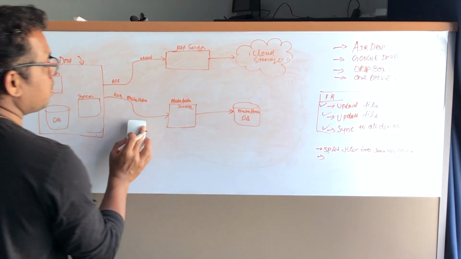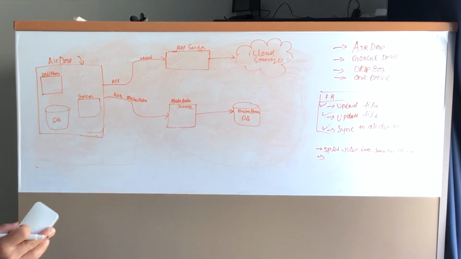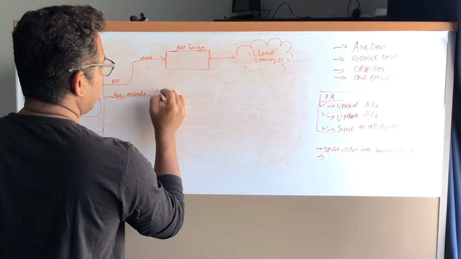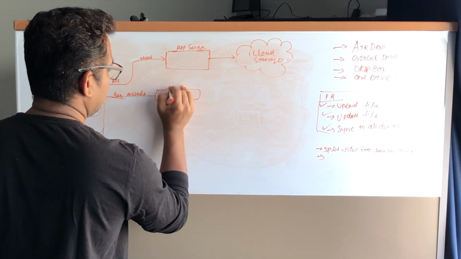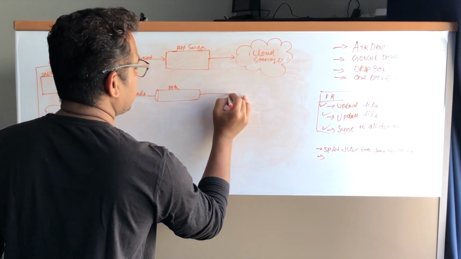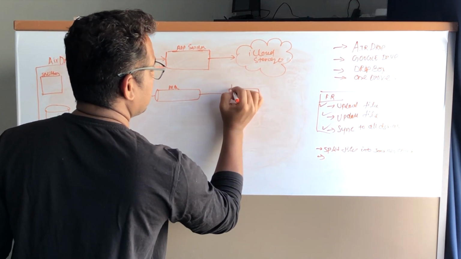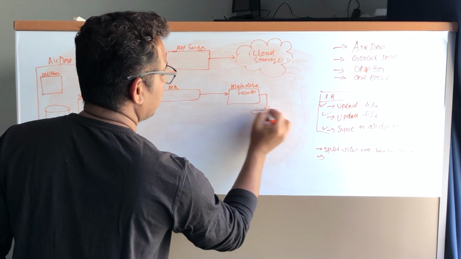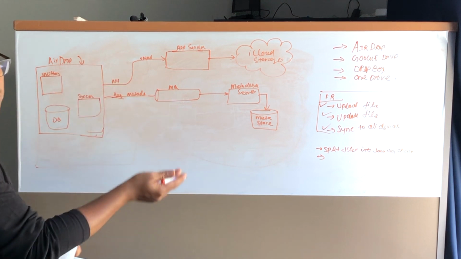The metadata request, the meta information, will go into the message queue, and from the message queue it will go to the metadata service, and from that metadata service it will store into a metastore. So that's how it will happen when we are uploading the file.